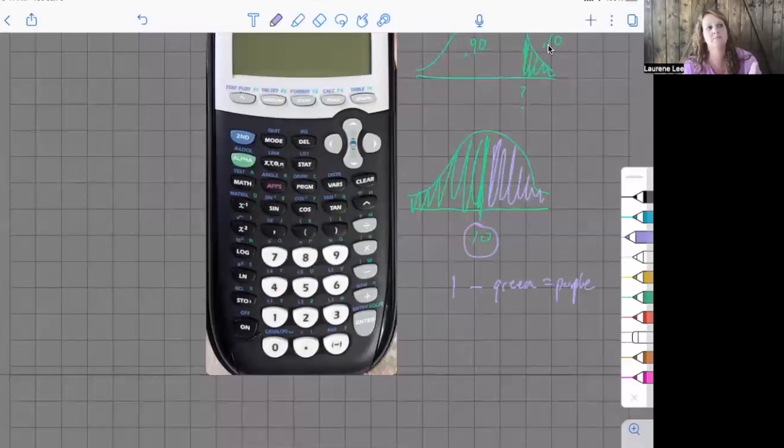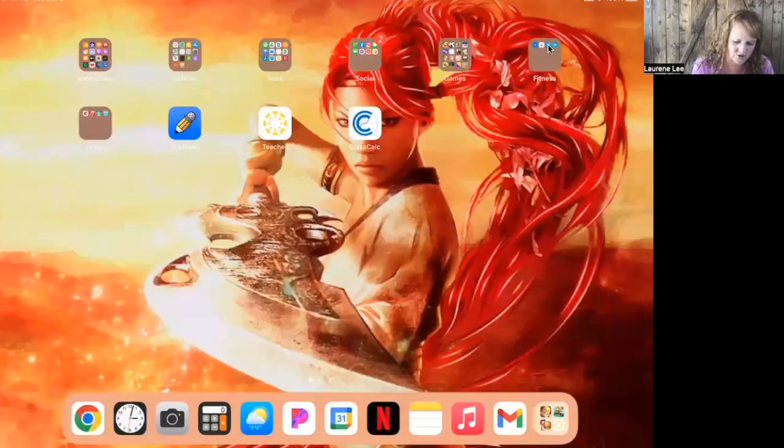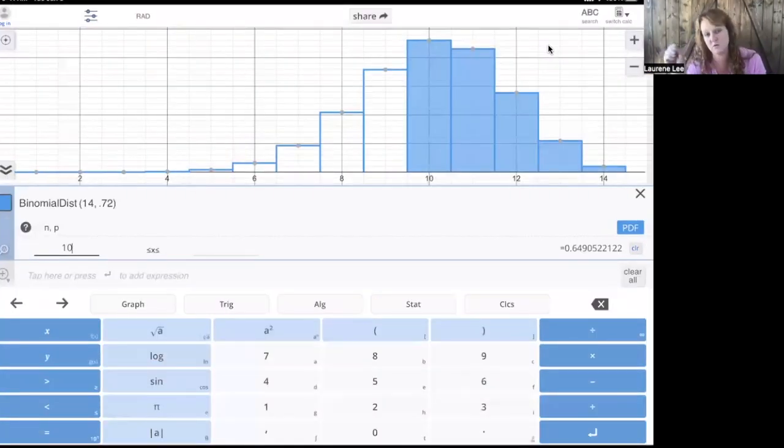So yes, you want to enter that number from the left, but then if you want the high side, you have to go 1 minus. All right, now I want to jump back to class calc so that you can see the picture and we can talk about what you're going to enter. Here's the picture of what's happening. We want 10 or more.